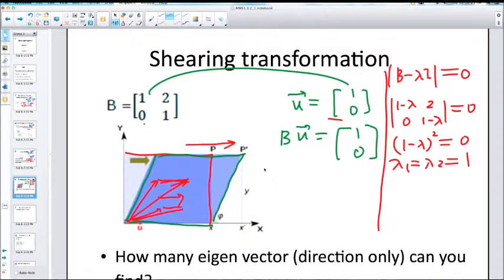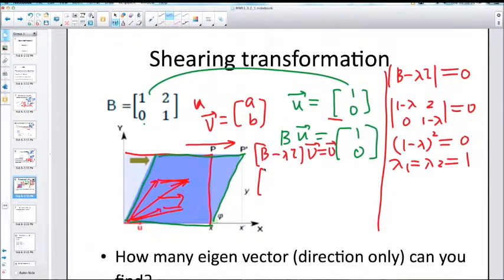Let me call the eigenvector v equals (a, b). You want (B minus lambda I), by definition, times v equals 0. Putting in the 1, that is the matrix (0, 2; 0, 0) times (a, b) equals 0.